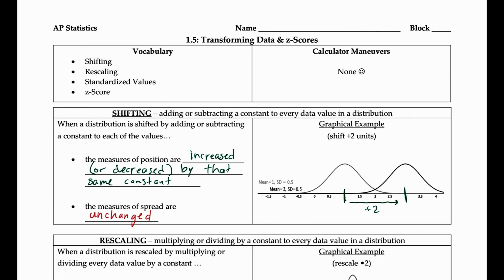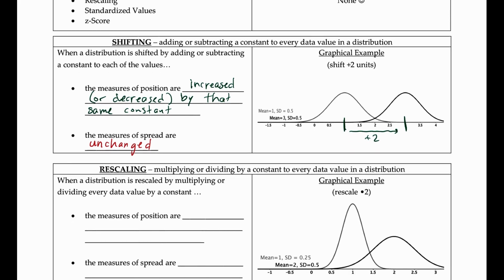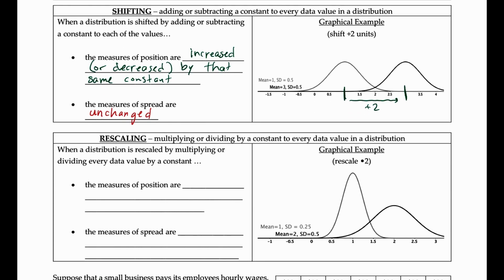On the other hand, when we're dealing with rescaling, that's where we're multiplying or dividing all of the data by the same constant. In that case, when we rescale, the measures of position are multiplied or divided, depending upon what you did, by that same constant.